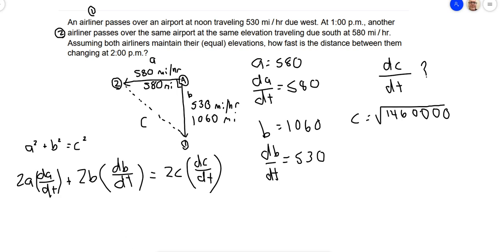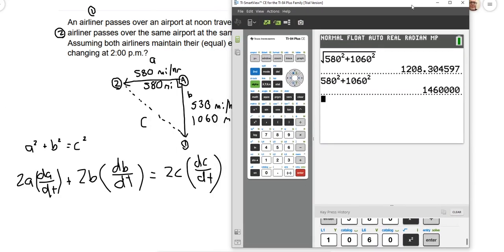And let's do that with our calculator here. So, I've got my calculator, so it's going to be 2 times A, which is 580, times dA over dt.